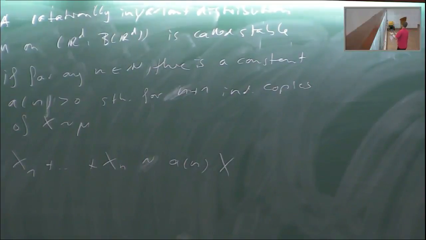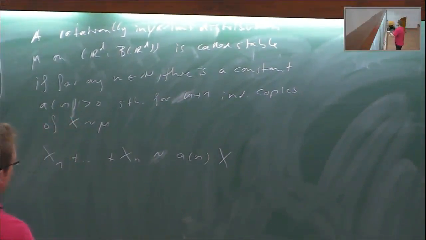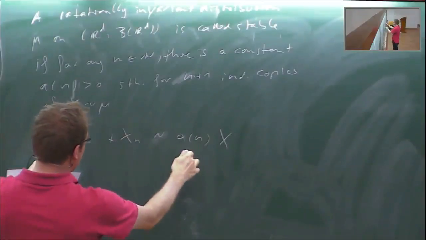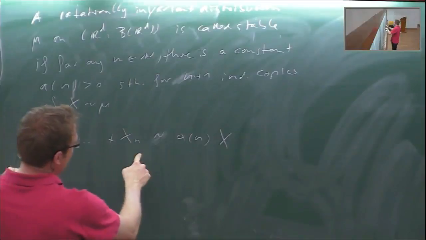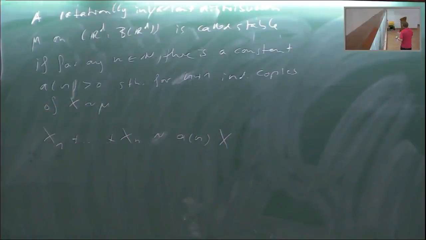Okay, so whenever we have this, it's called stable. This means for any n, there is a constant, such that if we have n independent copies, we sum them up, we get the distribution we have started with.